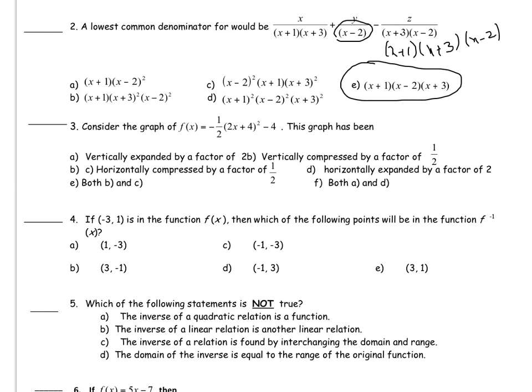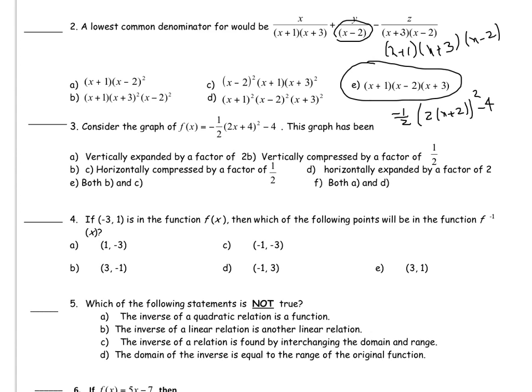The next question is to consider the graph of f of x is negative 1 over 2 times (2x plus 4) squared minus 4. I can write this equation as negative 1 over 2 open bracket 2 times (x plus 2) squared minus 4.